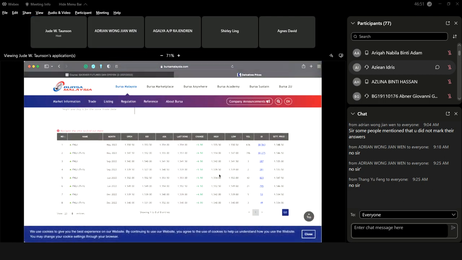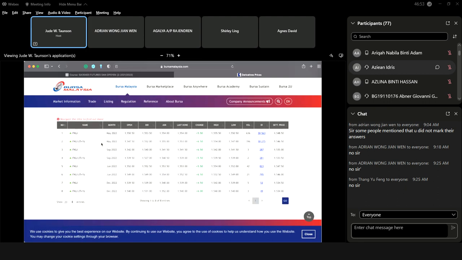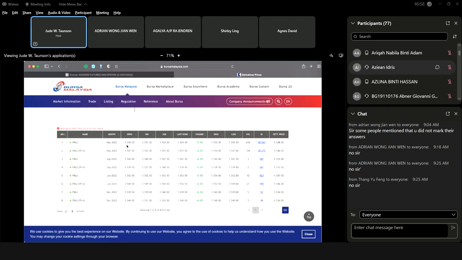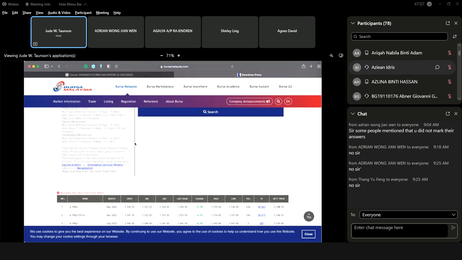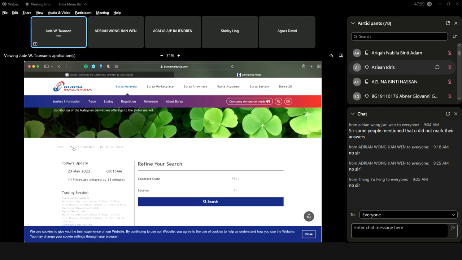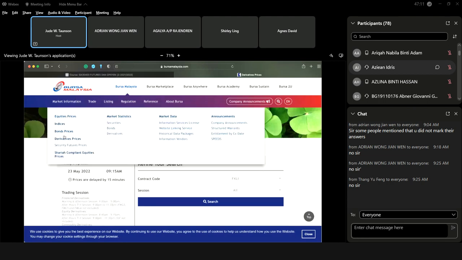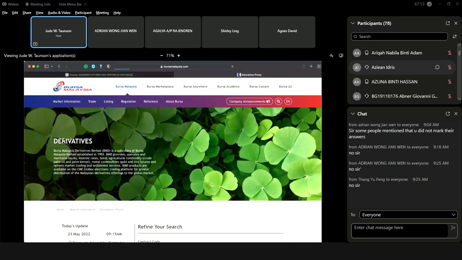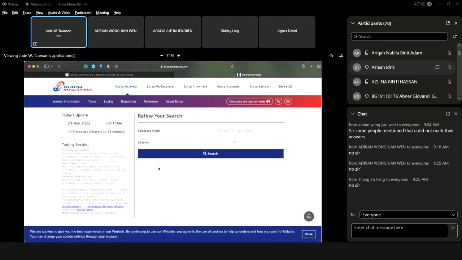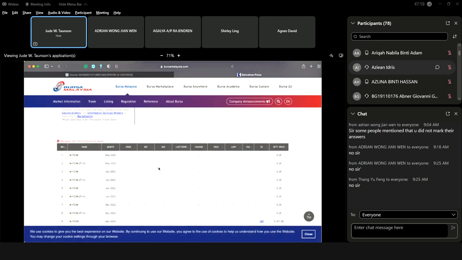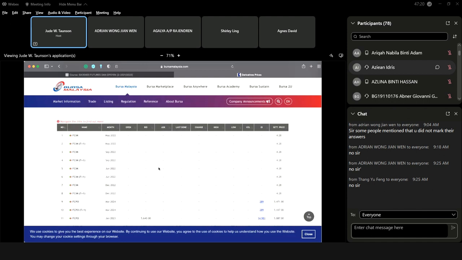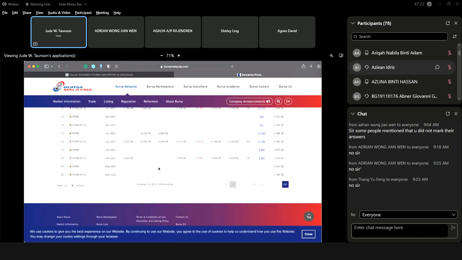FKLI May now it is 1,550 points. So this is the futures price. Let us look at today's price. Here is the FKLI futures.